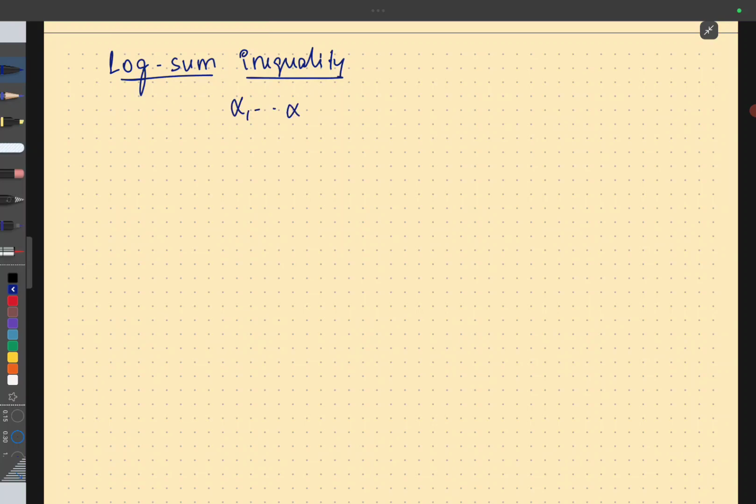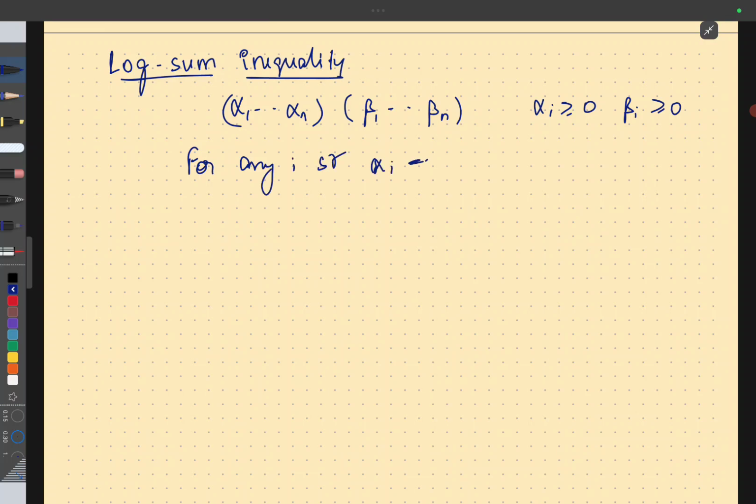Let's say I have alpha 1 up to alpha n and beta 1 up to beta n, and all of these alpha i and beta i are greater than or equal to 0. And this has the property that for any i such that alpha i is equal to 0, I also have beta i is equal to 0.